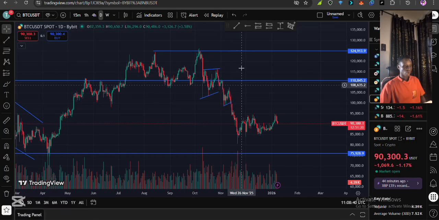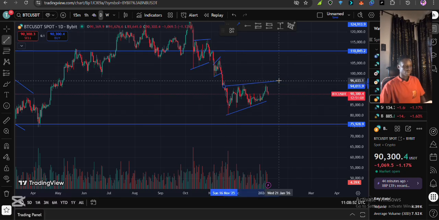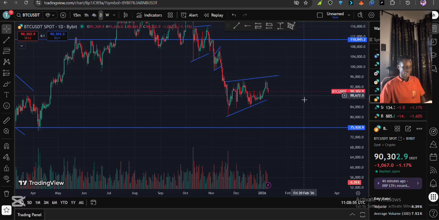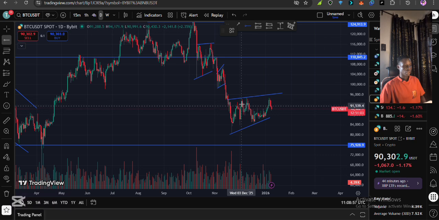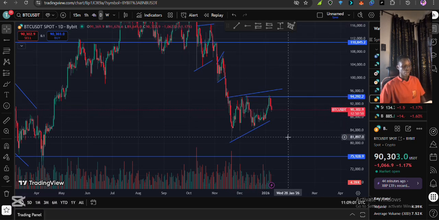Then we have this as well, and we have this currently. We can tell from this that the market is trending down, so we are on a bear run currently.